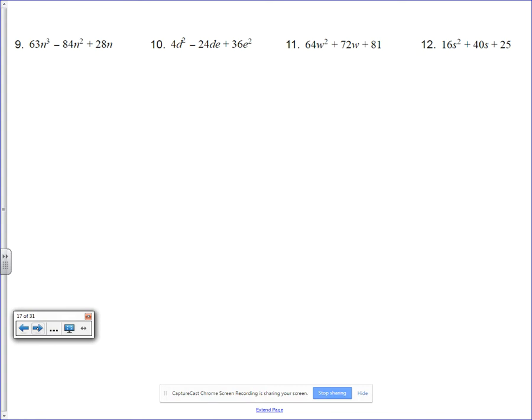Let's go to number 9. And I'm back to William. William, can I take a GCF out of there? Definitely an N. There's something else besides an N, though. What number can I divide out of all of those? Unfortunately, it's not a 2 because that 63 won't divide by 2.